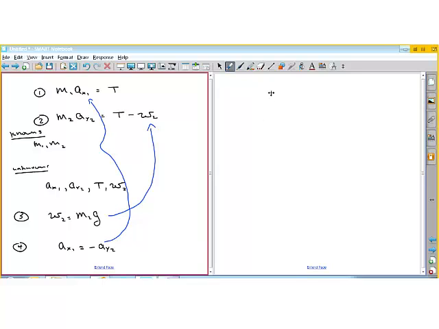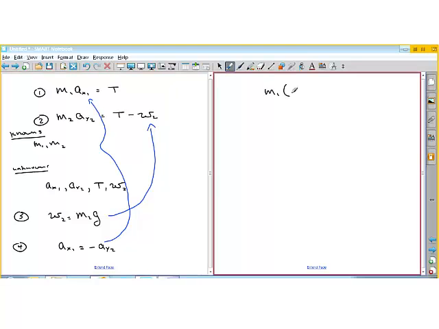The first equation with this substitution becomes m1 times negative a sub y2 is equal to T. The second equation: m2 times a sub y2 is equal to the tension minus W2, but that's m2 times g. So now I have two unknowns, the acceleration and the tension.